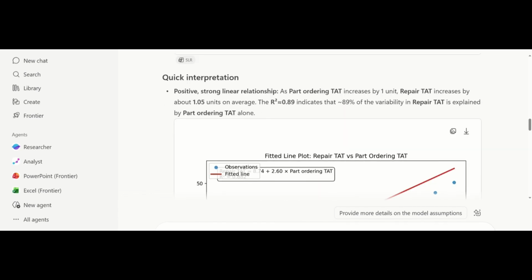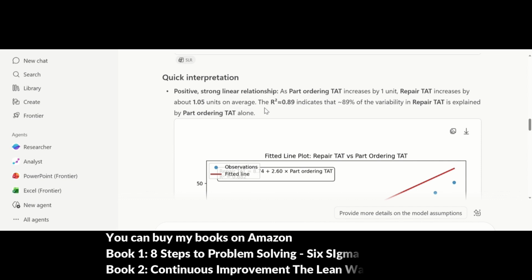There is a positive strong linear relationship. As part ordering TAT increases by 1 unit, repair TAT increases by 1.05 unit on average, which means the R square value is 0.89, indicating that 89% of the variability in repair TAT is explained by the part ordering TAT alone.